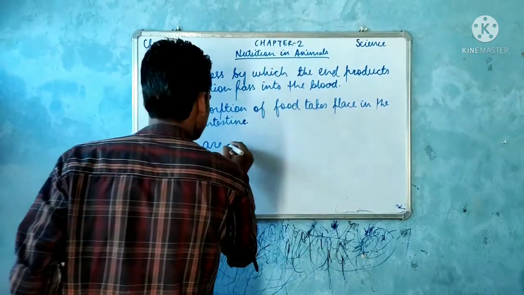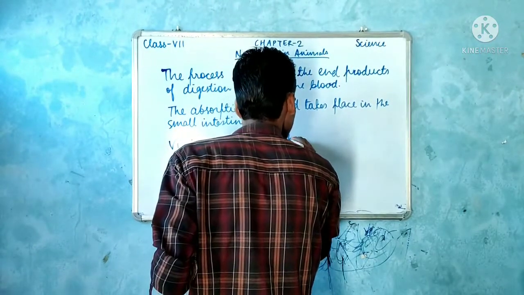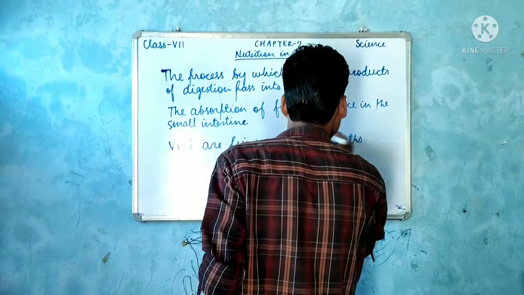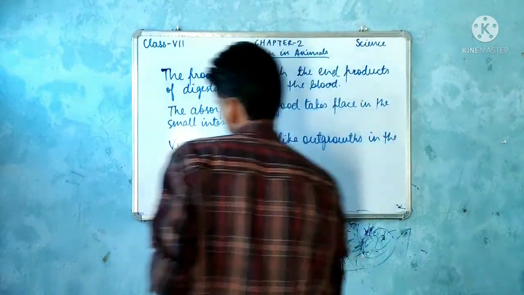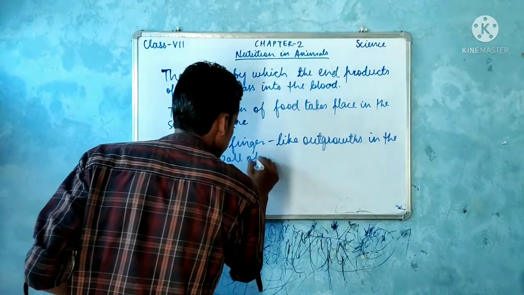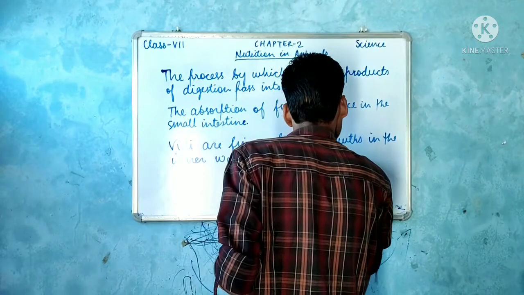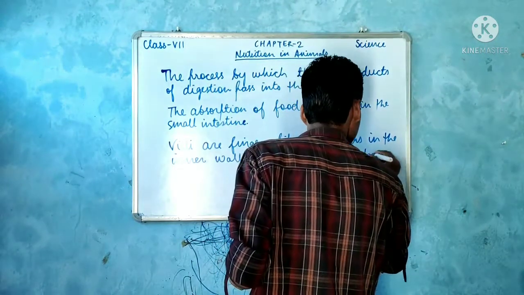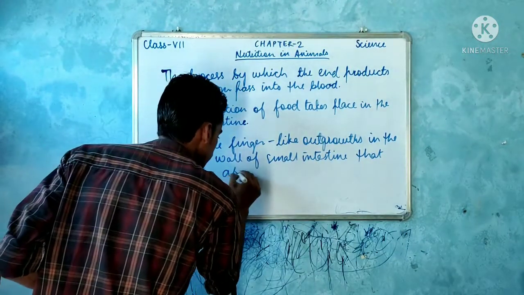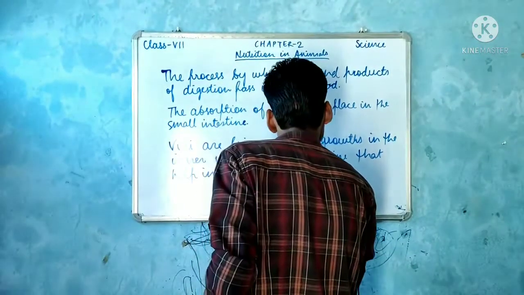Villi are finger-like outgrowths in the inner wall of the small intestine that help in absorption of food.